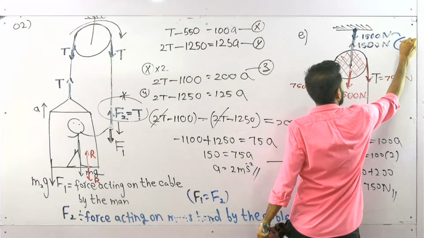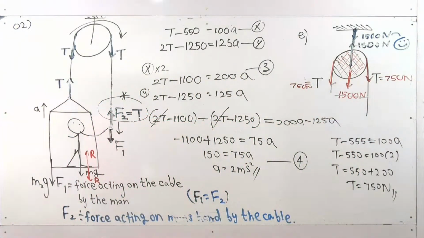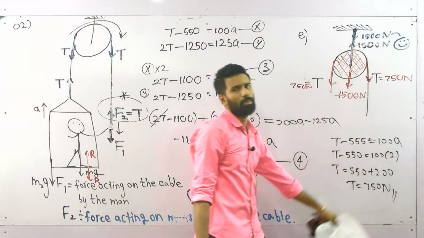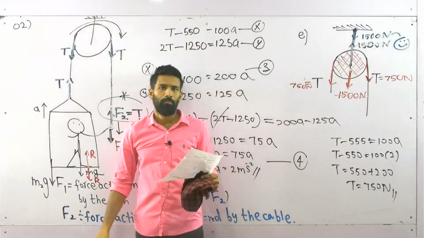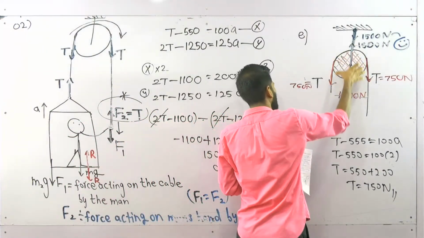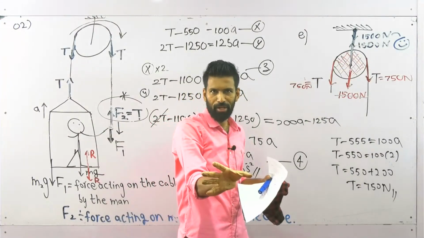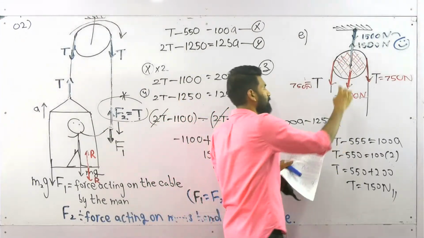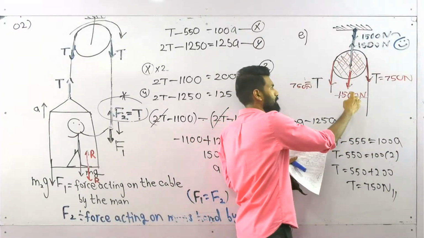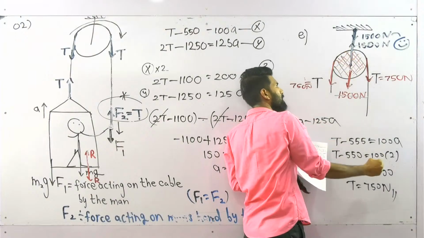So this is the force that I asked you. So it's 1500, not 750. There are 2 forces of 750 acting downwards on the pulley, but still the pulley is stationary. So the string that keeps the pulley hung to the roof should exert an equal and opposite force to keep the pulley in a stationary position.